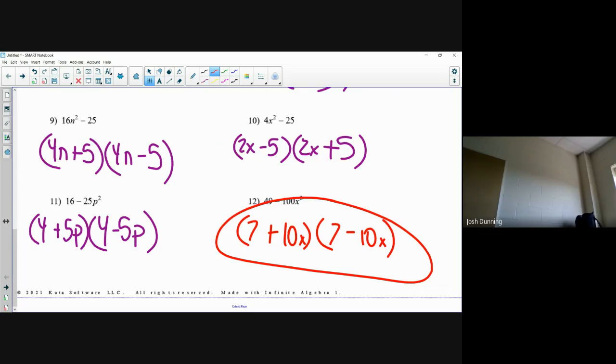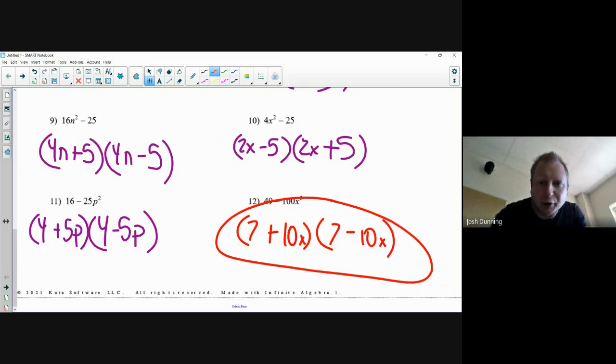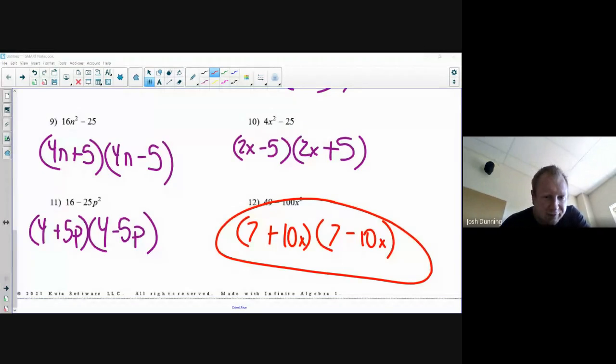Really, difference of two squares is the easiest kind of factoring. If you recognize your perfect squares, it's the easiest. Whereas with trinomials and even GCF, there's more than just perfect squares, so you've got to be good at your times tables. But that is the explanation for those two kinds of factoring. Hope that made sense.